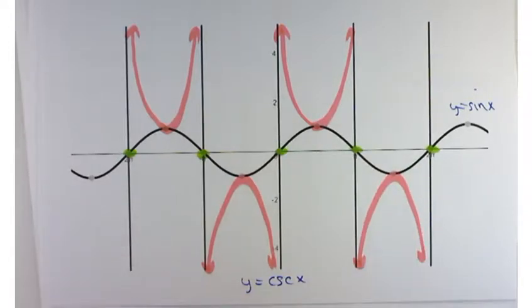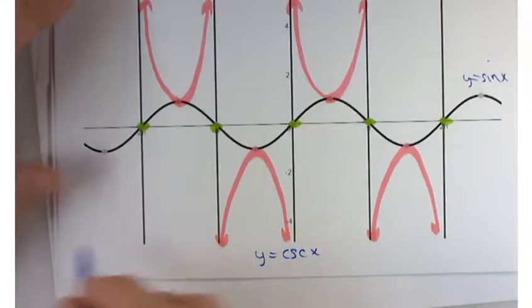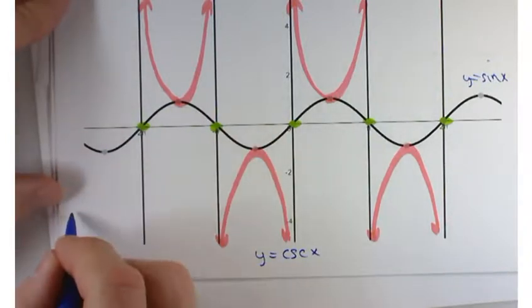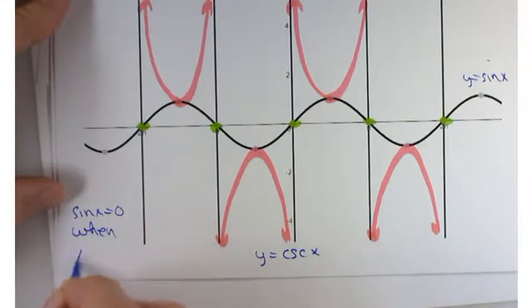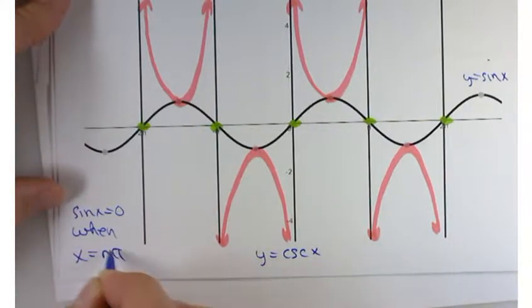When you're graphing the sine function, sine is which coordinate on your unit circle? The y coordinate. So the y coordinate is going to be 0 at x equals 0, or at pi, or at 2 pi, or at 3 pi, 4 pi, etc. So sine of x equals 0 when x is a multiple of pi.